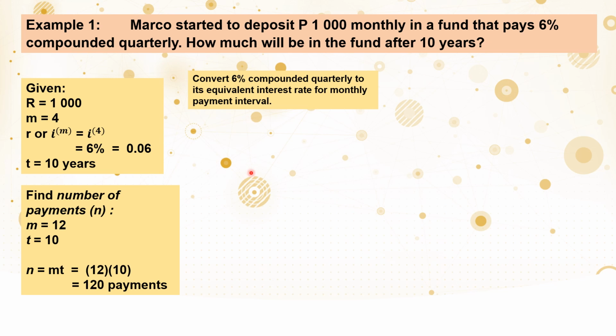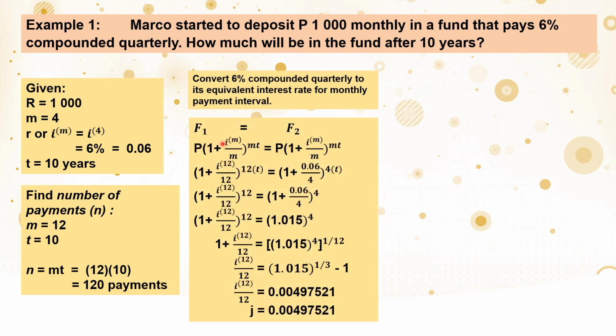We denote the interest rates as F sub 1 and F sub 2, where F sub 1 is the interest rate for monthly payment, at yung F sub 2 natin ay interest rate naman compounded quarterly. So yung M natin sa F sub 1 is 12 since it is monthly, at yung M natin sa F sub 2 is 4 since it is quarterly.